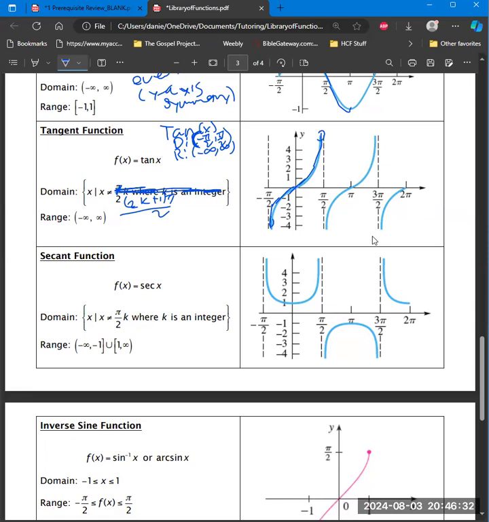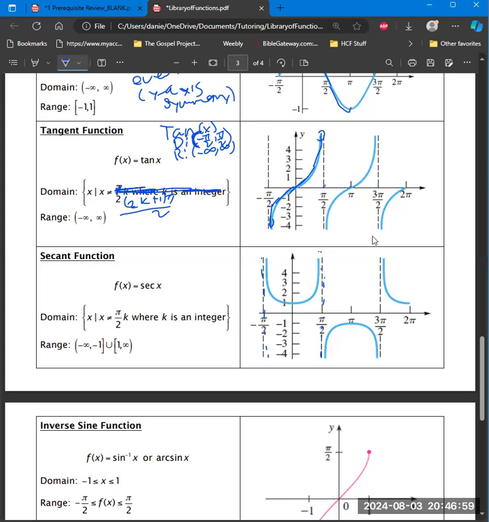And the secant function is going to be based off of cosine, where cosine had zeros, we're going to have asymptotes. So zeros at negative pi over 2 and pi over 2 and 3 pi over 2 and so on. And again, the zeros of cosine were the asymptotes of tangent.